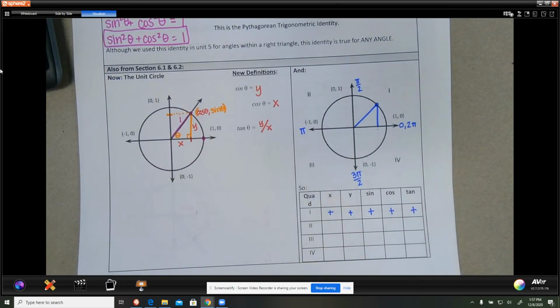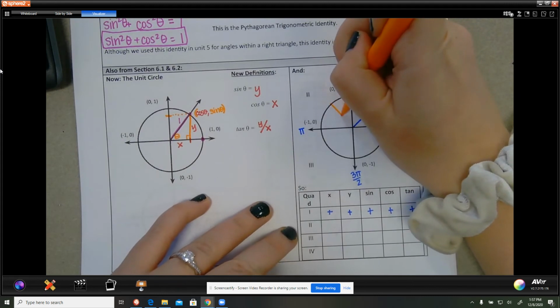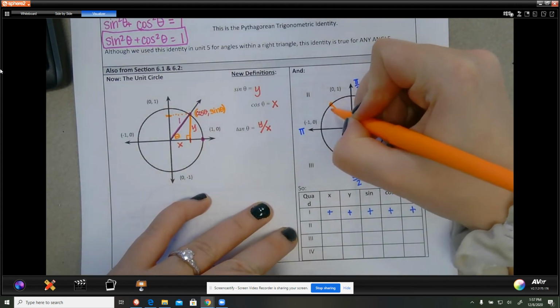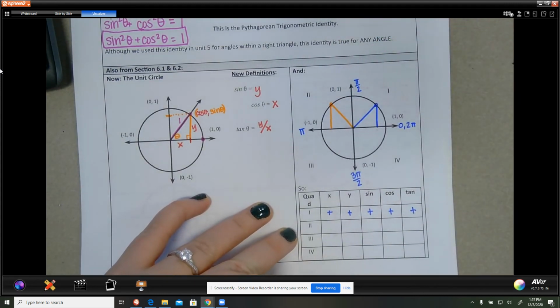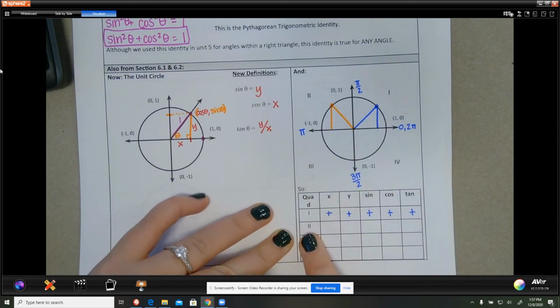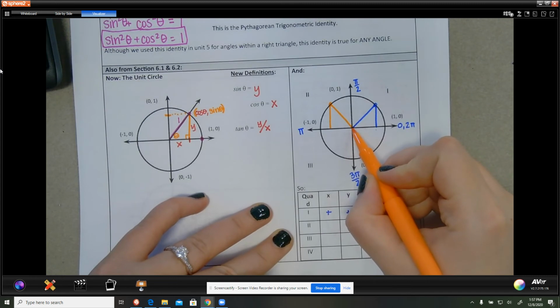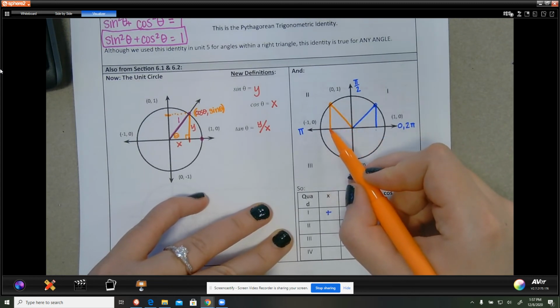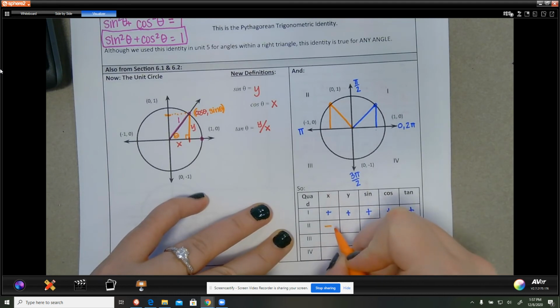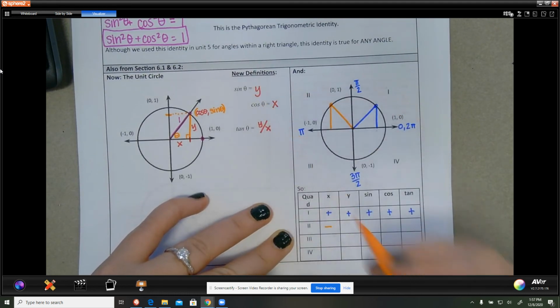All right, let's try another one. Let's say we were talking about this triangle in quadrant 2. In quadrant 2, my x distance is negative because if I was going to graph this ordered pair, I'd have to go back on the x-axis, so that's negative, which means my cosine is negative, my x value.